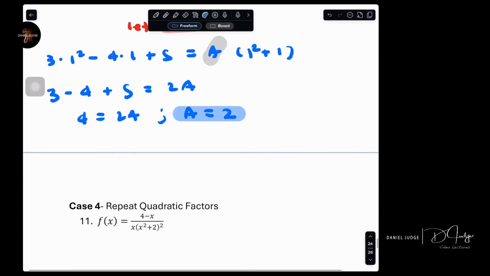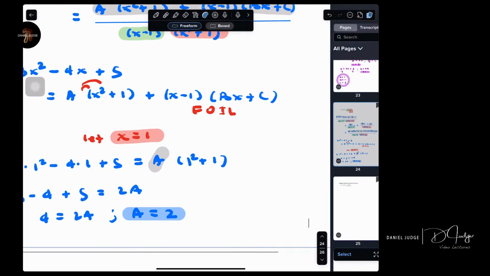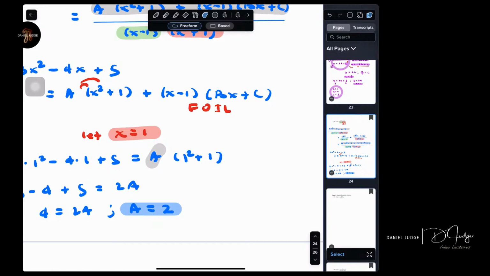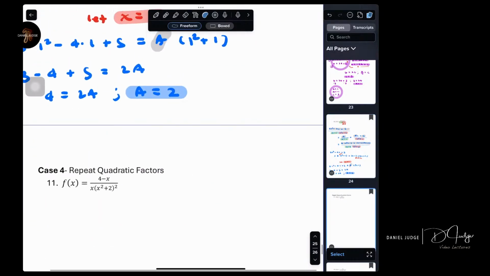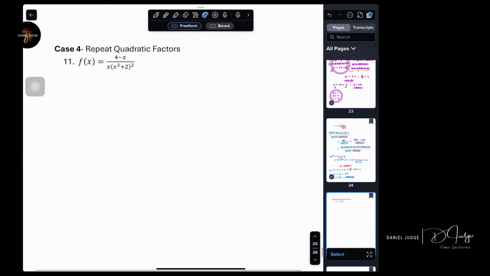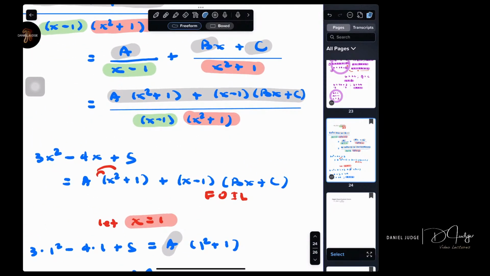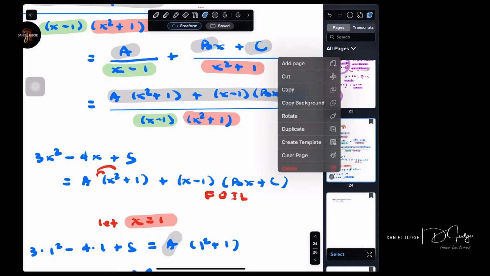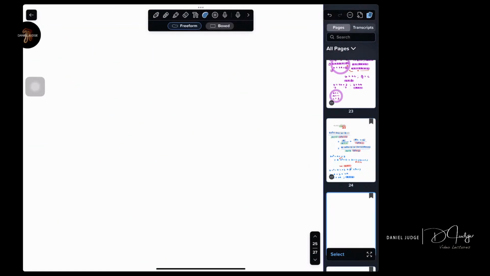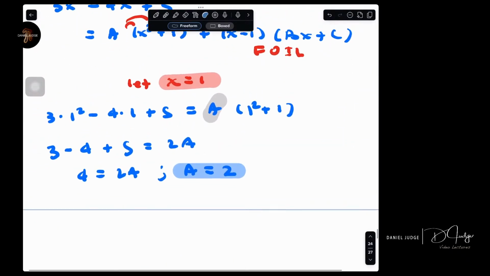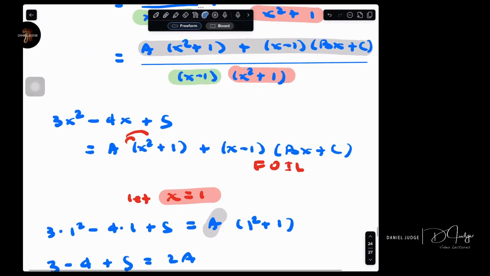So now we'll do our algebra. Let me add a page. Okay.